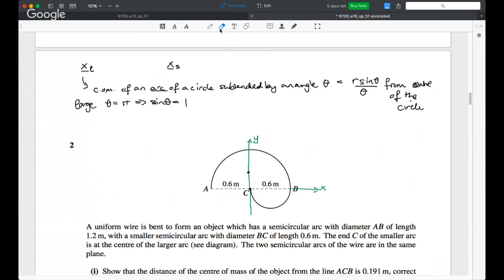Theta is equal to pi. Sorry, I made a mistake. It's very silly. Okay, hold on.